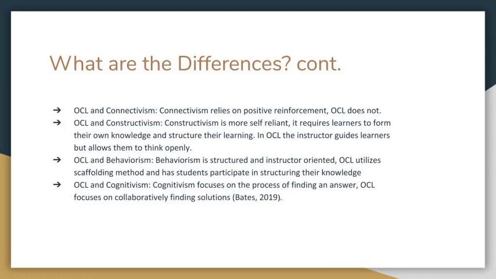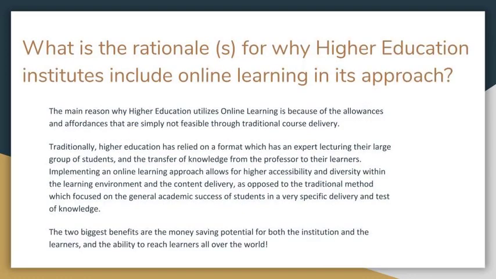OCL and connectivism: connectivism relies on positive reinforcement, whereas OCL does not. And OCL and behaviorism: behaviorism is structured and instructor-oriented, and OCL utilizes scaffolding methods and has students participate in structuring their knowledge.